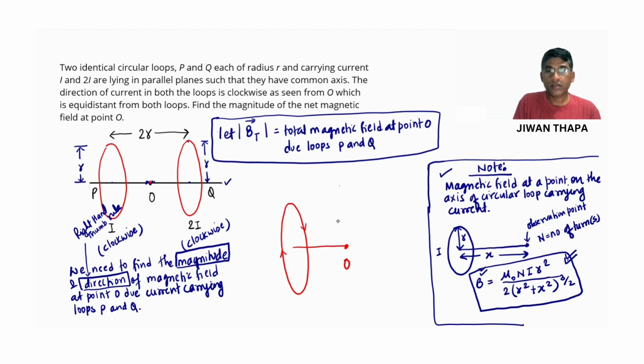So when we observe from this side, then current I is flowing in clockwise direction.